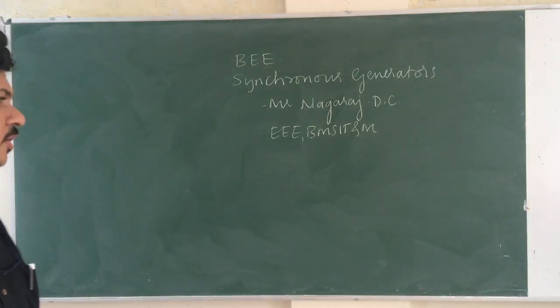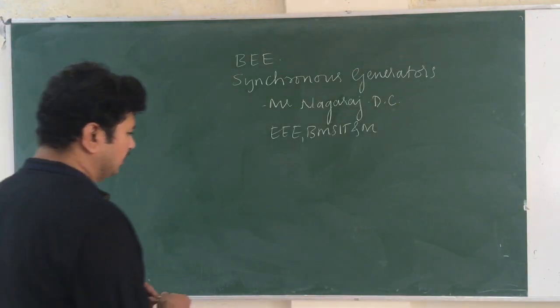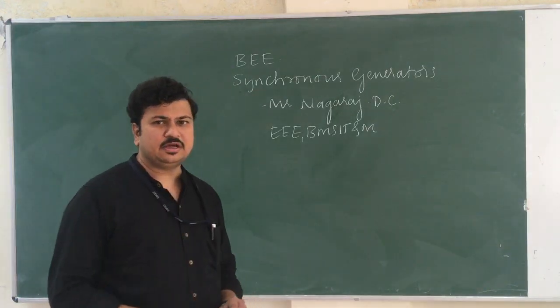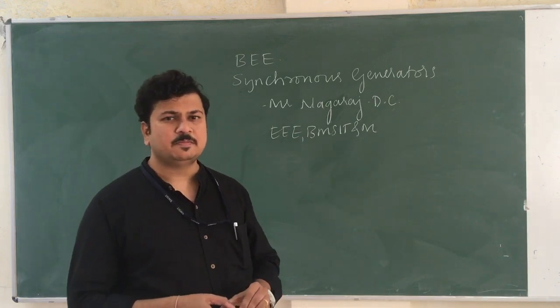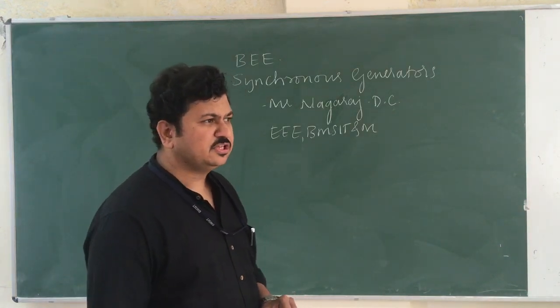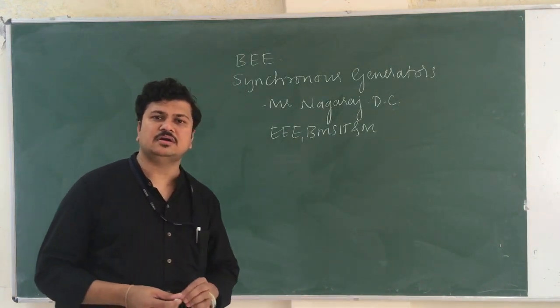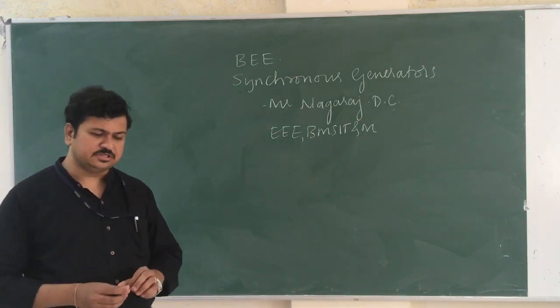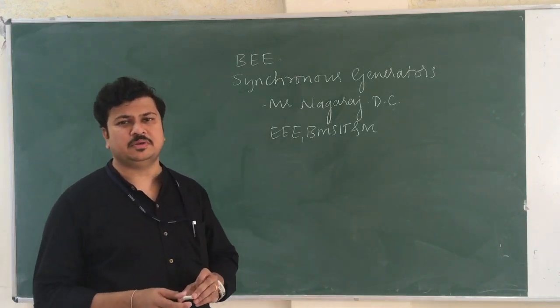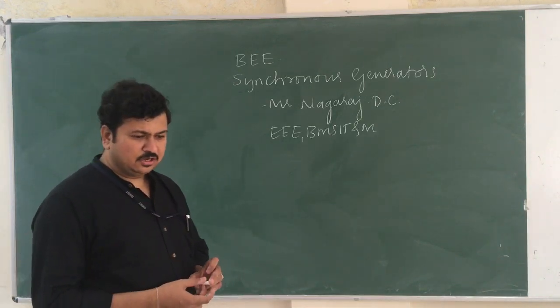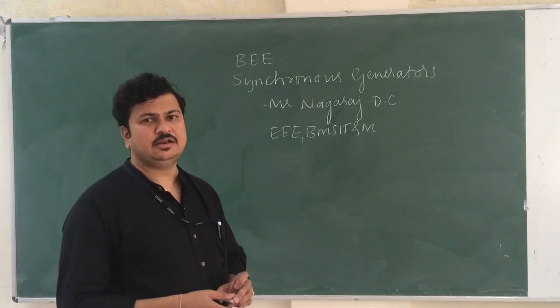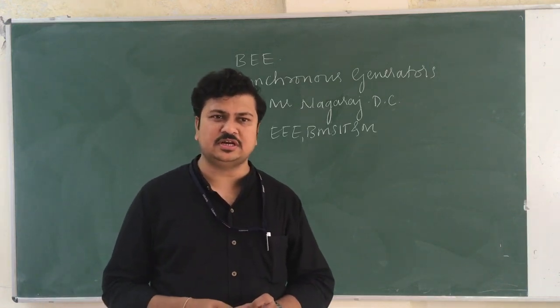When we were looking into transformers, we saw that electrical machines can be categorized into three types, with respect to their operating principle or their output requirement. One is the machine that converts mechanical energy to electrical energy, which we call a generator.